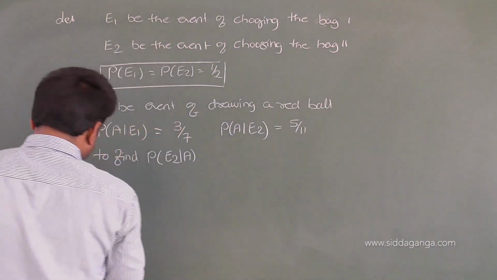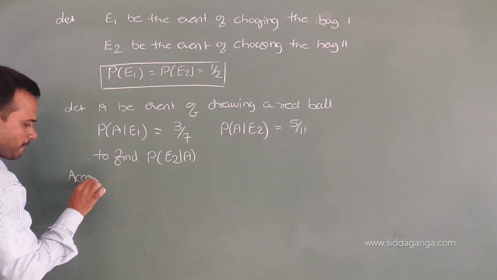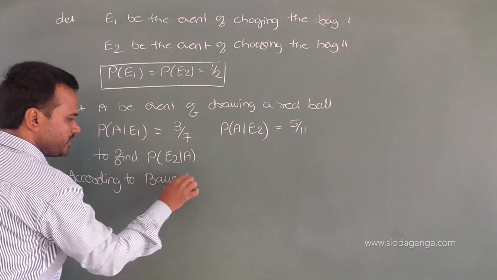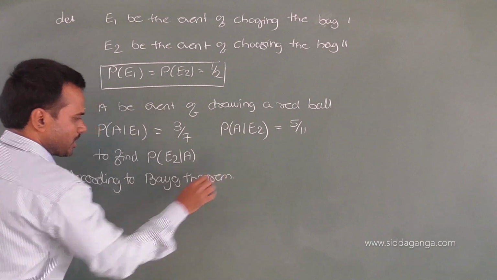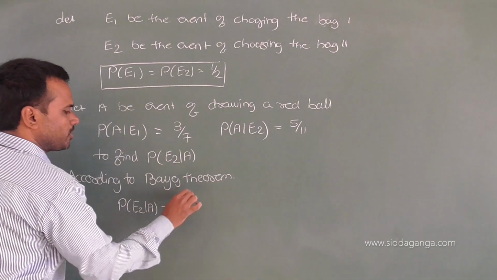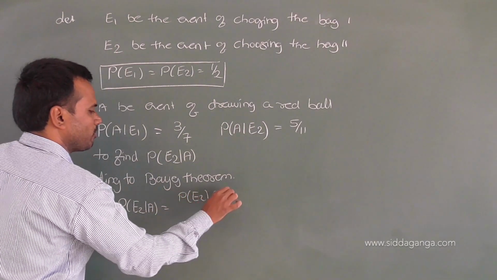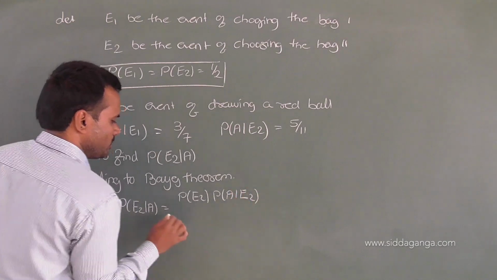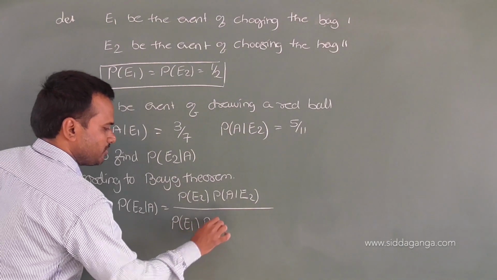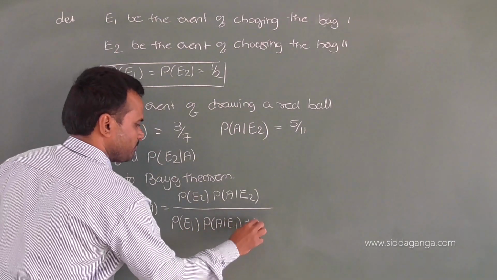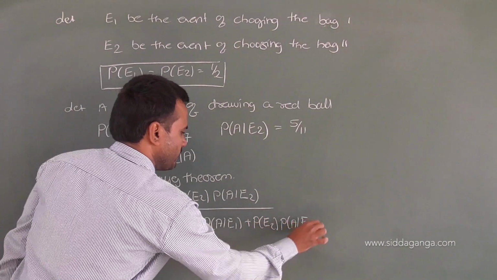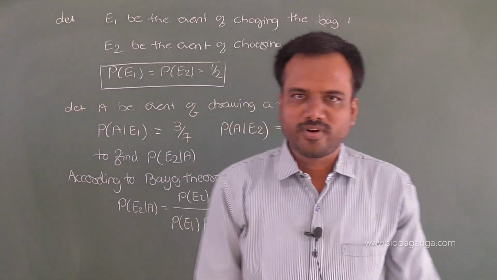E2 given A. According to Bayes theorem, probability of E2 given A equals probability of E2 into probability of A given E2, whole divided by probability of E1 into probability of A given E1 plus probability of E2 into probability of A given E2.